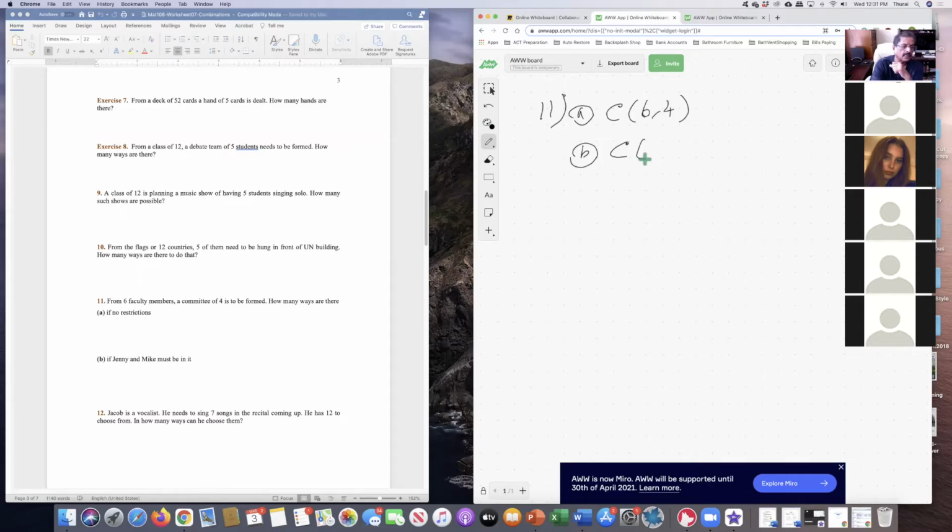Indirectly, it means Jenny and Mike are part of the 6 faculty members, and these 2 people must be in the committee, but the committee will have 4 people altogether. So what are the numbers? I think it's going to be 6, 2. One student says 6, 2. Anyone else?